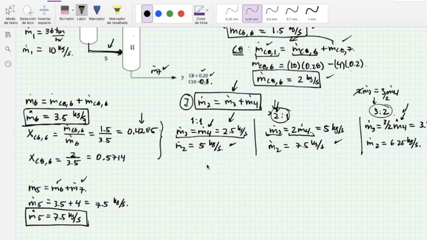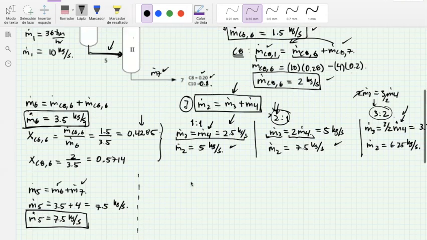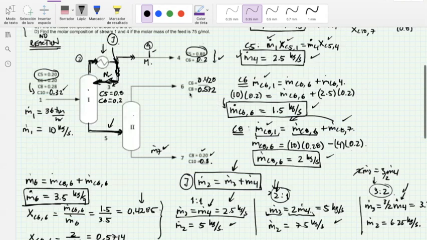Okay, so after this, what I want to find are the compositions. Let me see which compositions I already have. I already have this one, and this one. This one was known from the start. This one was known almost from the start. This one was supposed, and I think I'm correct. So nothing is happening here. What I'm missing is the composition at 5, and the composition at 2.